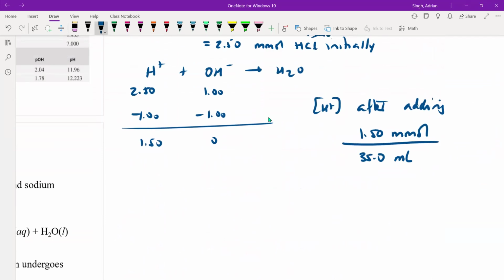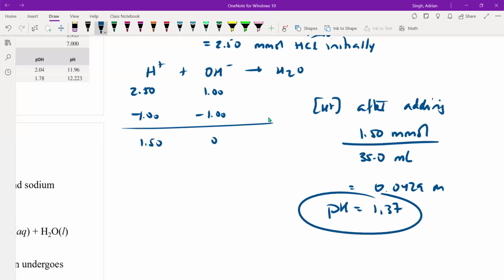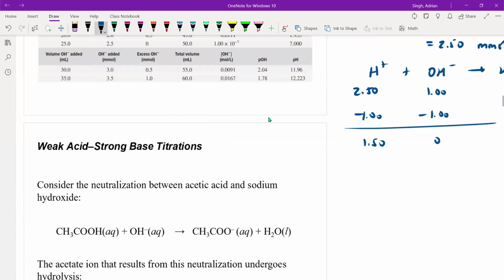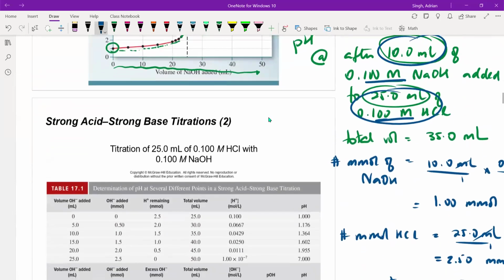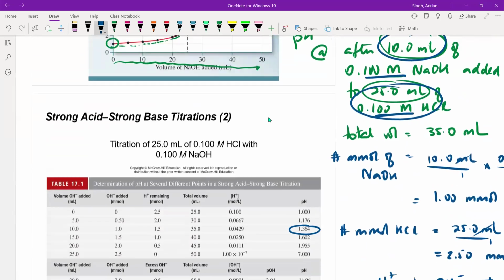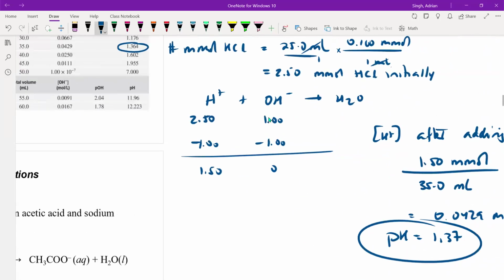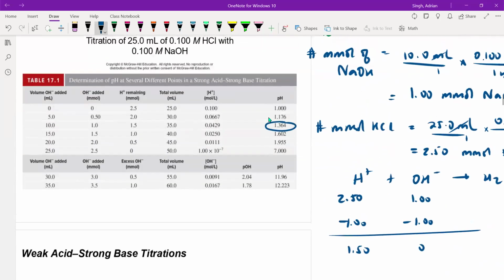That is going to give 0.0429 molar, and then the negative log of that gives a pH of 1.37. So the pH after adding 10 milliliters of the sodium hydroxide is 1.364, or 1.37 rounded to 2 decimal places.